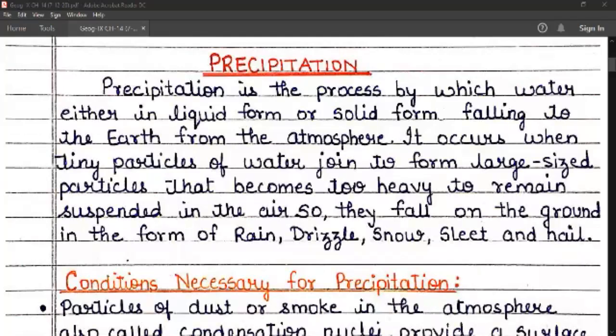Precipitation. Precipitation is the process by which water, either in liquid form or solid form, falls to the earth from the atmosphere.